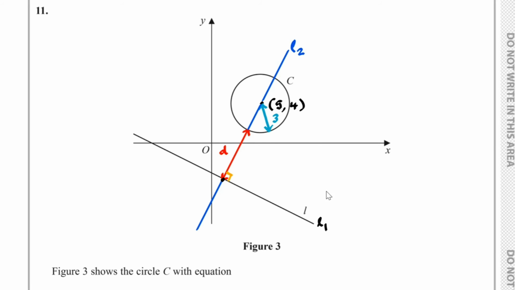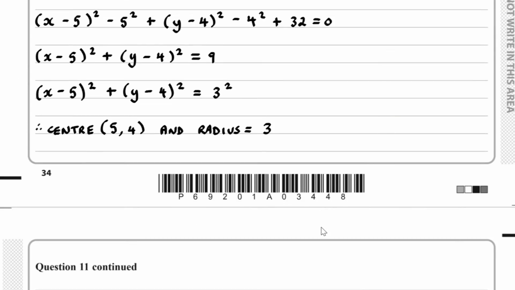Now, we know that L1 and L2 are perpendicular to each other.